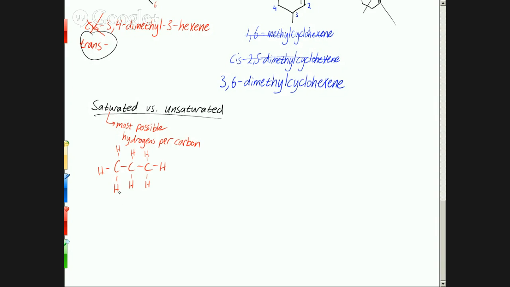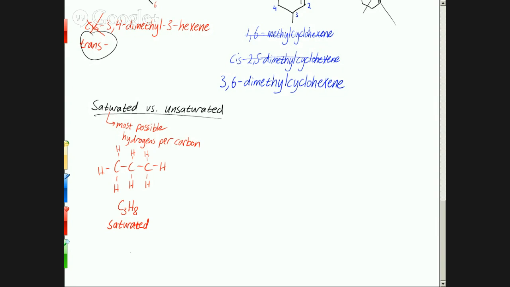And that ends up with 1, 2, 3, 4, 5, 6, 7, 8 hydrogens. There's no way that you can arrange 3 carbons together in a molecule where you can have more than 8 hydrogens, because it would violate the 4-bond rule. So this is what we would call a saturated compound, a saturated hydrocarbon, because it has the most hydrogens that you can possibly have.